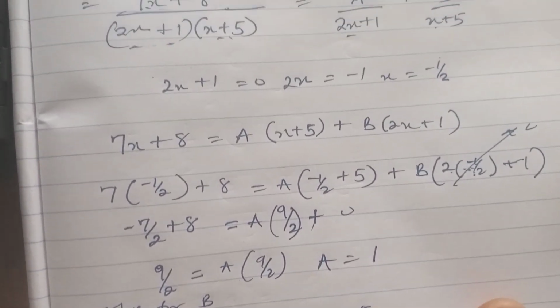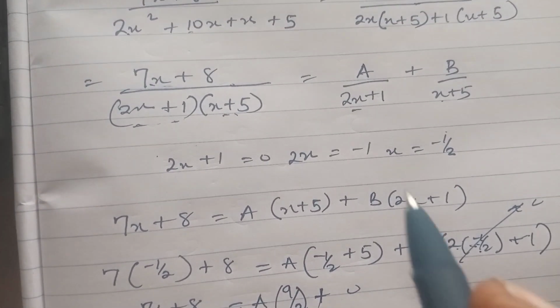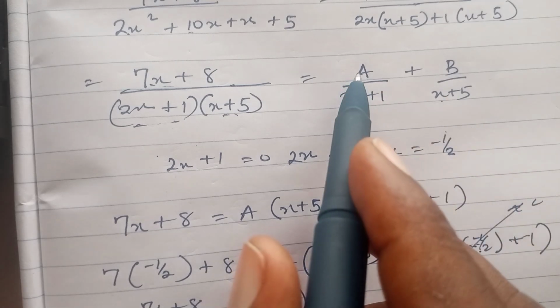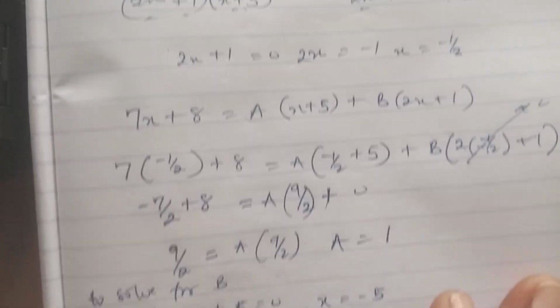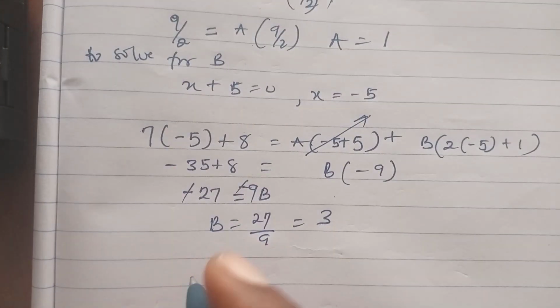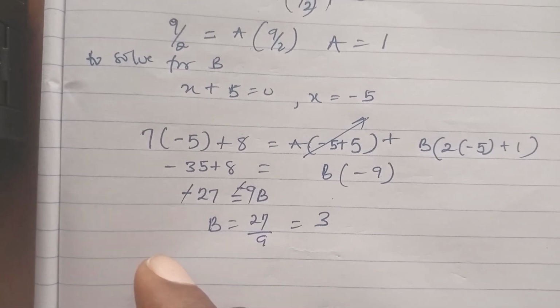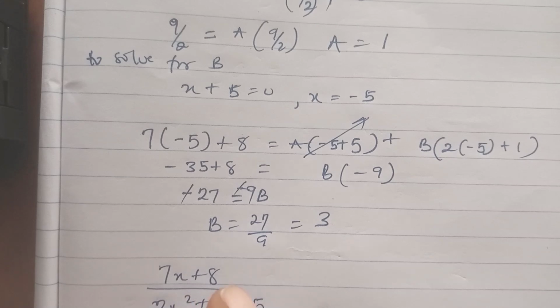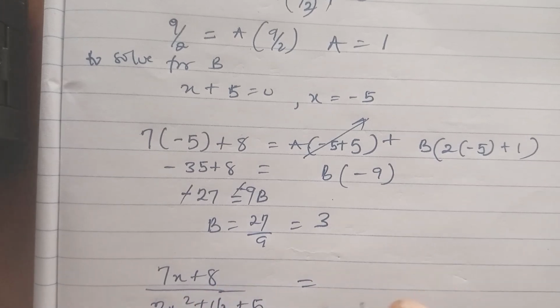Now let's go back to our statement, when we were writing the partial fraction format. We've gotten a, we've gotten our value of b, so we can put it there. So 7x plus 8 over 2x squared plus 11x plus 5 is equal to, the value of a is 1, so 1 over 2x plus 1 plus b is 3 over x plus 5.